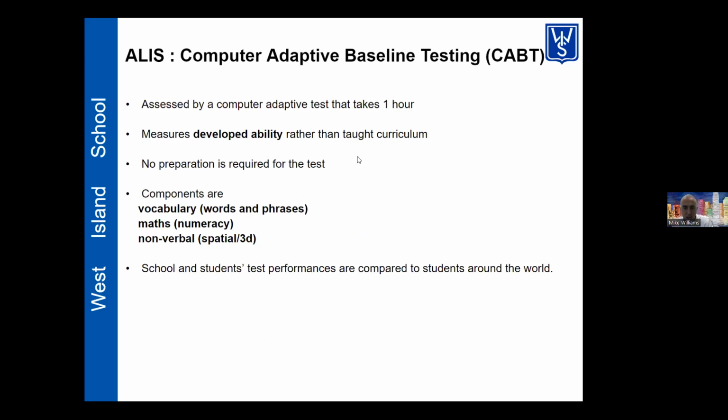It measures developed ability. I think developed ability should read something like developed potential. What do we mean by that? Well, your children have a certain potential in each subject. Whether they realize that potential is another matter, but they have a certain potential in that subject. That potential is not fixed. They can develop that potential.